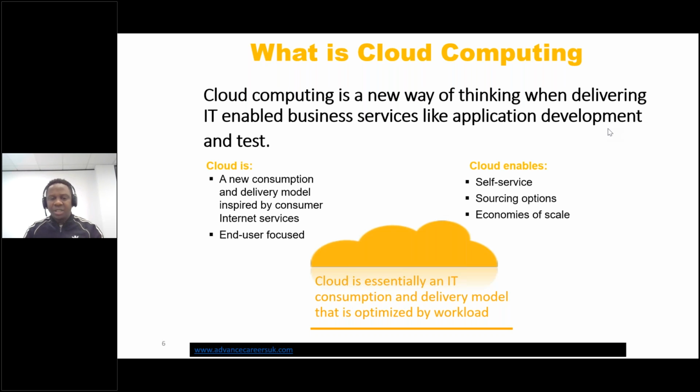Now, if you guys can see me, you have 20 branches of NatWest Bank. Those 20 branches of NatWest Bank, each branch will have a server room that will enable them run the banking transaction. And at the end of the day, all the transaction information will be forwarded to the head office branch.